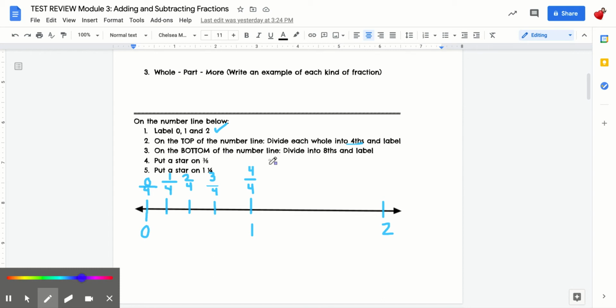Now if we're splitting these into eighths on the bottom, we have to break our fourths again in half to make 8 pieces. We're getting even smaller pieces.